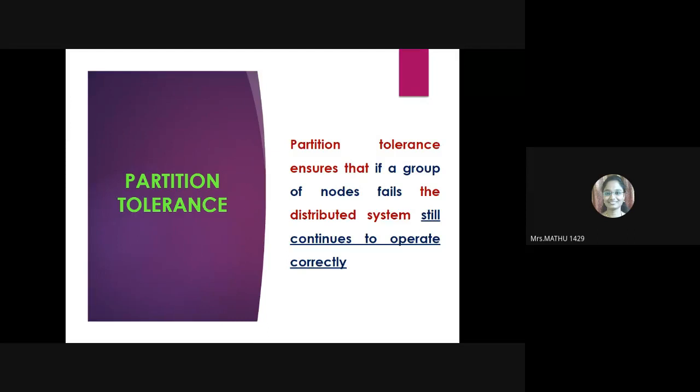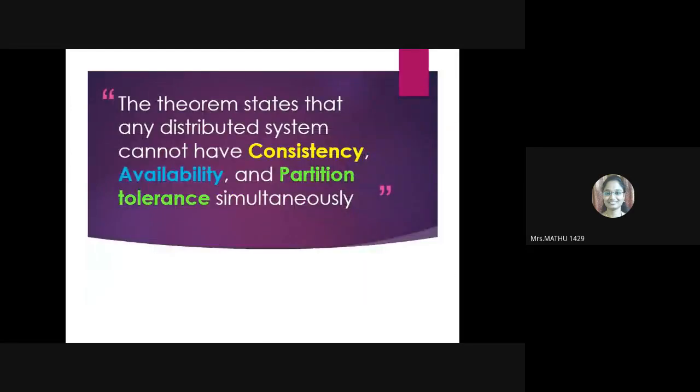Now we have these three properties: consistency, availability, and partition tolerance. What they try to prove with this CAP theorem is that in a distributed system, it is definitely not possible to have all these three properties simultaneously. That is why a distributed system is so challenging to design. So why are we discussing distributed systems?